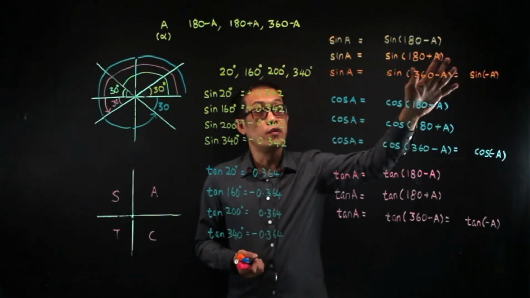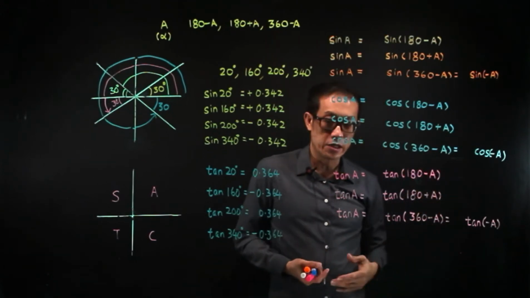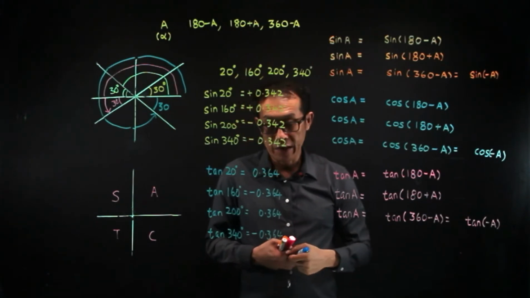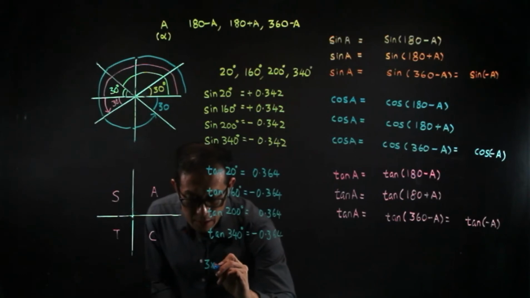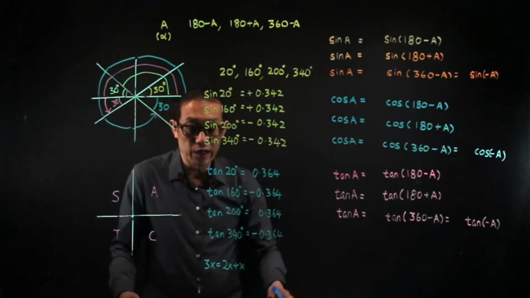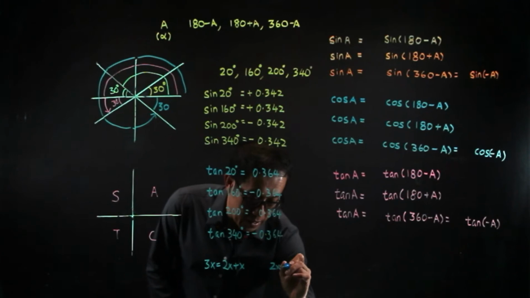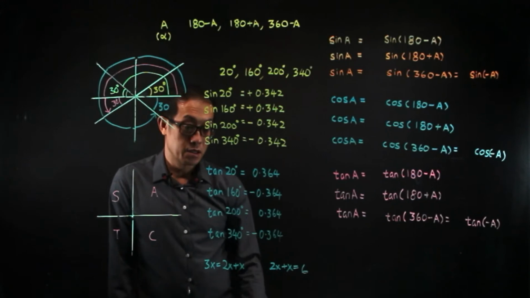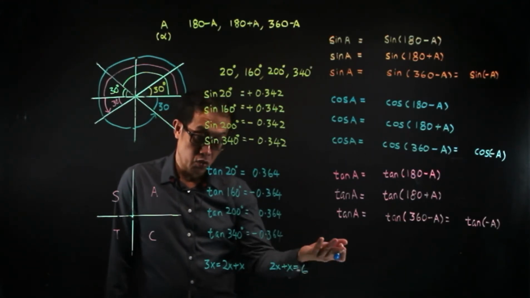An identity is true for all values of the expression. An example of an identity is 3x equals 2x plus x. This is true for all values of x. Now, if I put 2x plus x is 6, this is not an identity, this is an equation, because this is only true when x is 2.